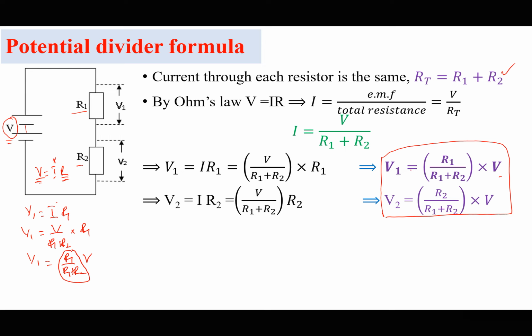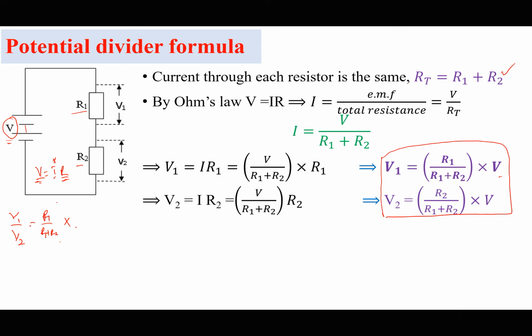However, if I divide these equations, if I divide V1 by V2, of course V cancels out and you remain with R1 over R1 plus R2.